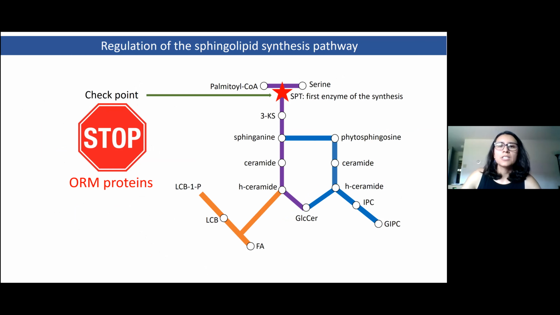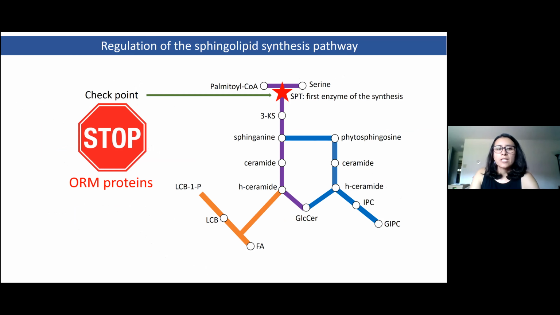And it's very interesting here. The first step of the synthesis is performed by an enzyme which is called SPT. And this is the very first checkpoint, because if we are starting here, the flow of molecules that will give rise to the whole sphingolipid intermediates, then we can control and fine tune from here, and then we can either synthesize more or synthesize less.